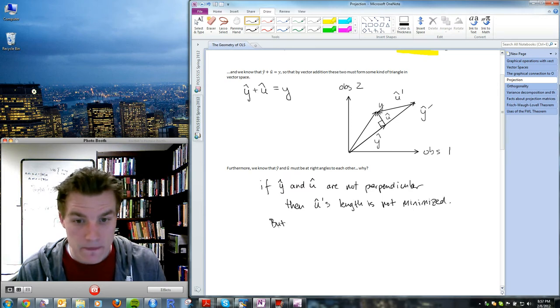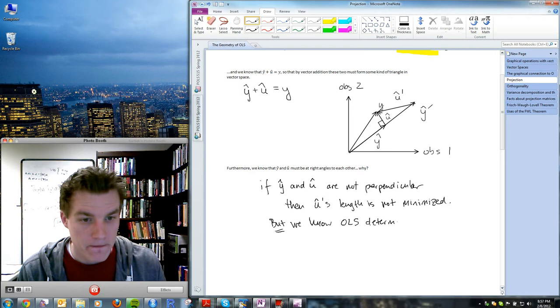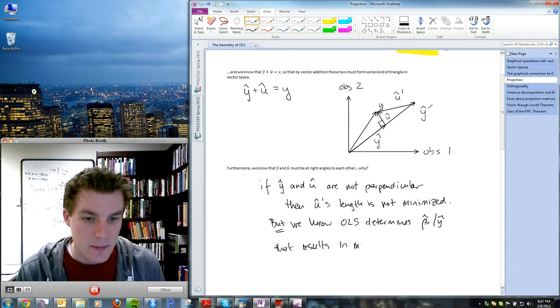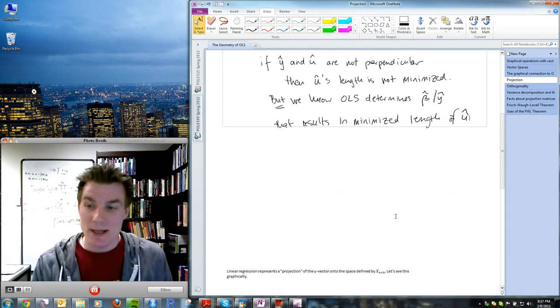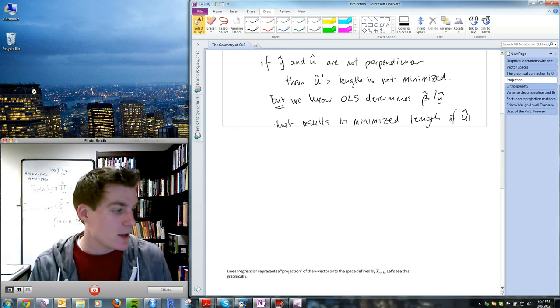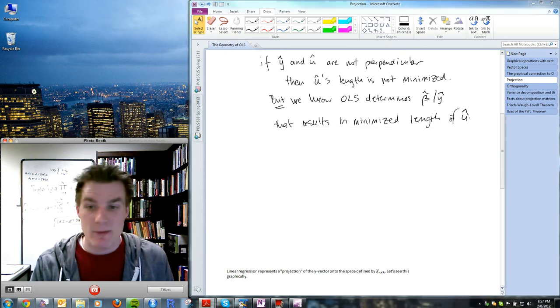But we know that OLS determines the beta hat and y hat that result in the minimized length of u hat. So it's got to be the case that those things are at right angles. Otherwise, we have a problem.